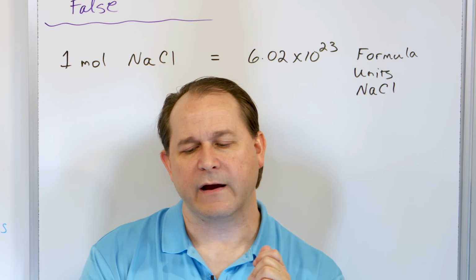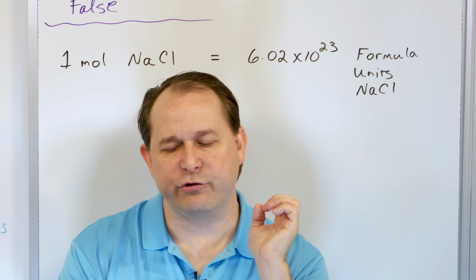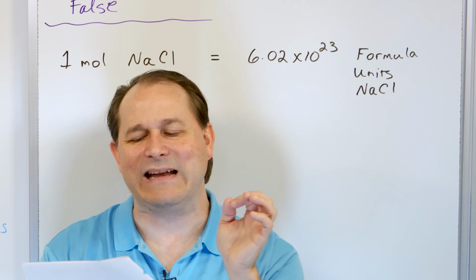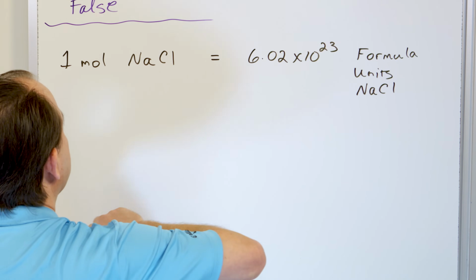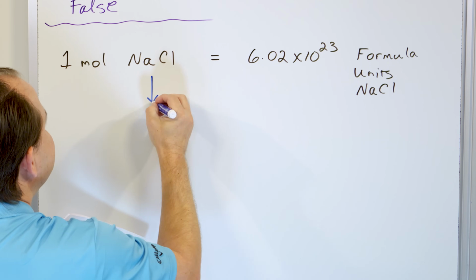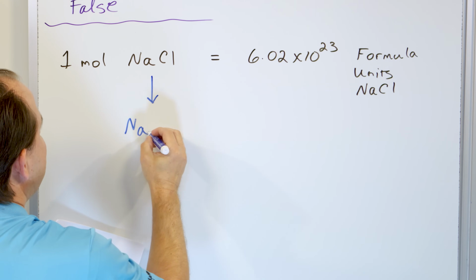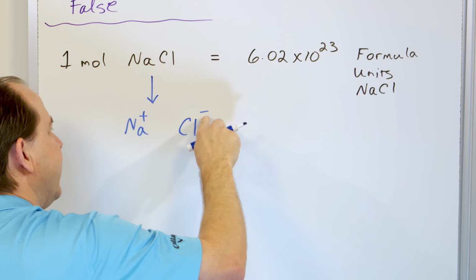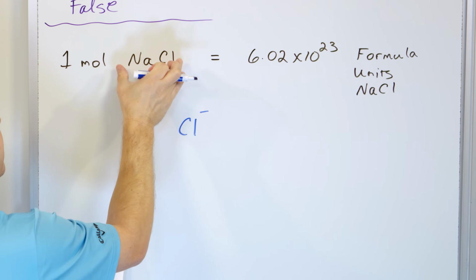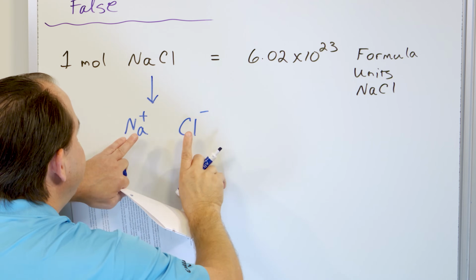The question is, are there 2 moles of ions contained in a mole of sodium chloride? Well, what is sodium chloride? It's sodium ions and chlorine ions. One wants to lose an electron, the other wants to gain an electron. So 1 mole of this thing contains both of these.